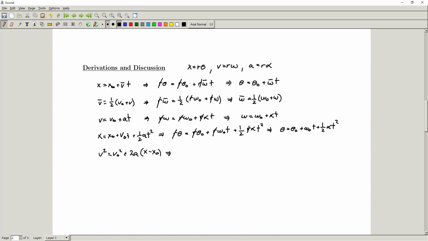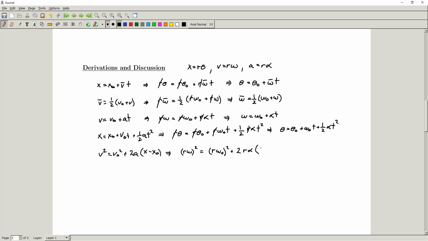And let's go through and make the substitutions that we need to. So v squared becomes r omega all squared. V naught squared is going to end up being r omega naught squared plus 2, and a is going to be r alpha.